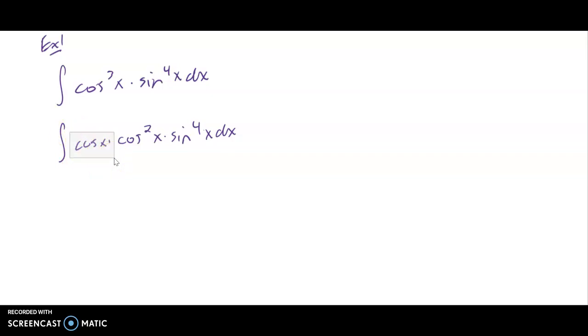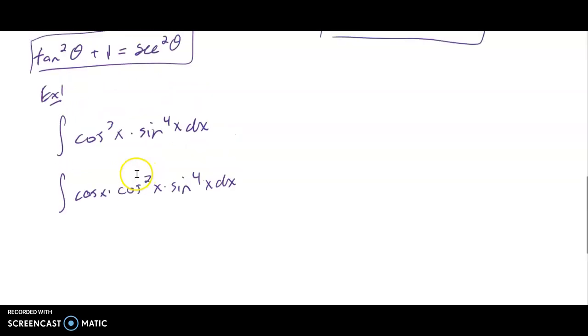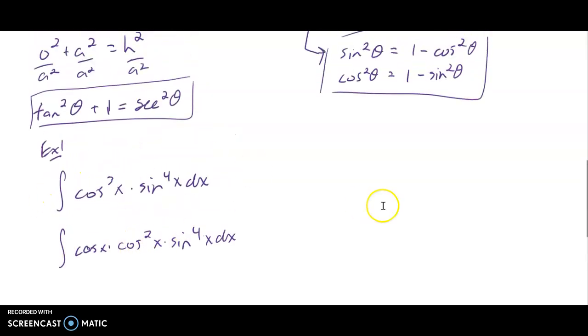And one of those pieces would be a u sub for a sine function, right? So what I want you to see now is that I can replace my cosine squared x. Well, I know cosine squared of theta, and I can replace that theta with an x, is 1 minus sine squared of that thing.